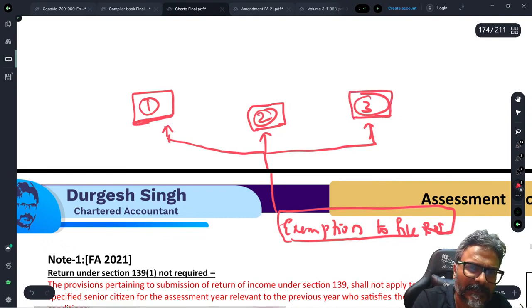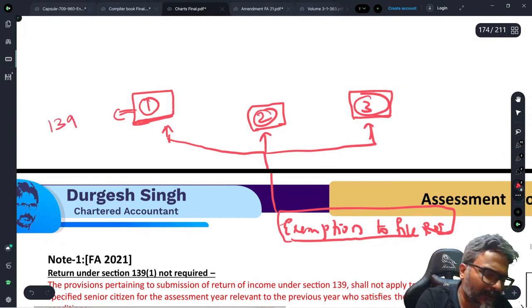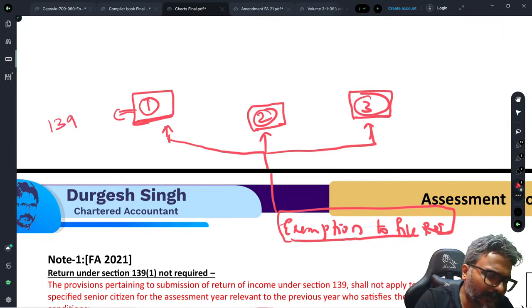If you all see in this context, the first one, students, under 139, the return of income will not be required to be filed. Students, are you aware of this one?